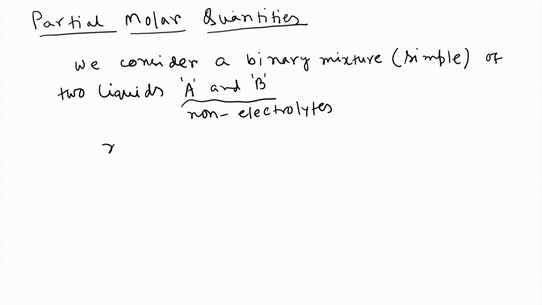Okay, so we can write Xa, the mole fraction of A, plus Xb, the mole fraction of B, equals 1. So, to understand the concept of partial molar quantities, the easiest property one can visualize is volume, right.